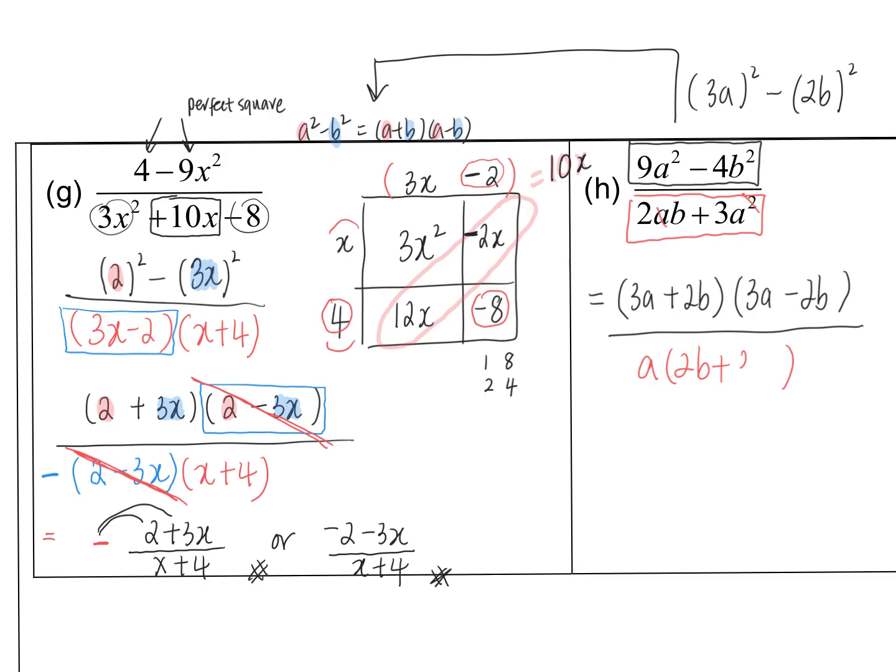When you look at it, these two, although in different order, I don't need to change it because 2B plus 3A and 3A plus 2B are the same thing. So these two I can cancel out already. I don't even need to change position. I know they are equal. So I can cross this out and then this is my answer.